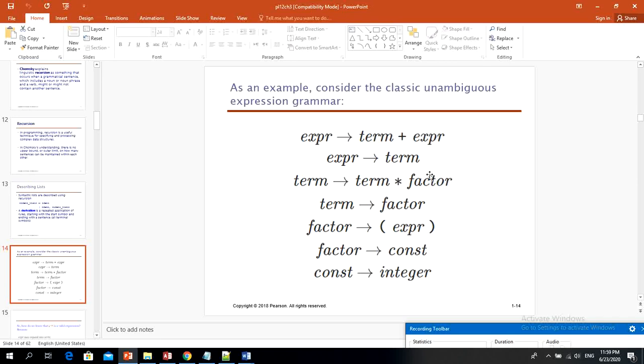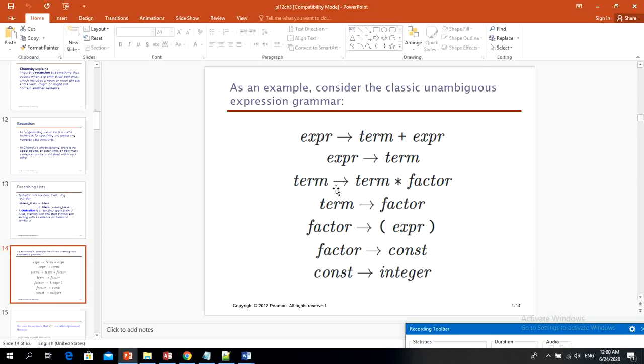Good. Now leave term, take expression. Expression may expand into term by itself, and that means expression could mean term plus expression, or expression also could mean just term. Take the term. The term can expand into term multiplied by factor.